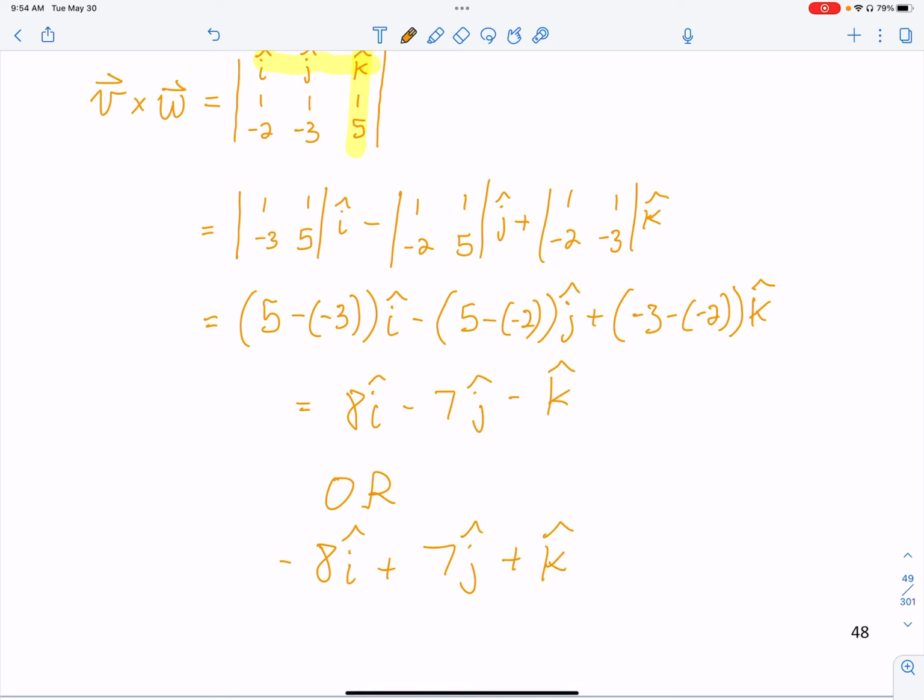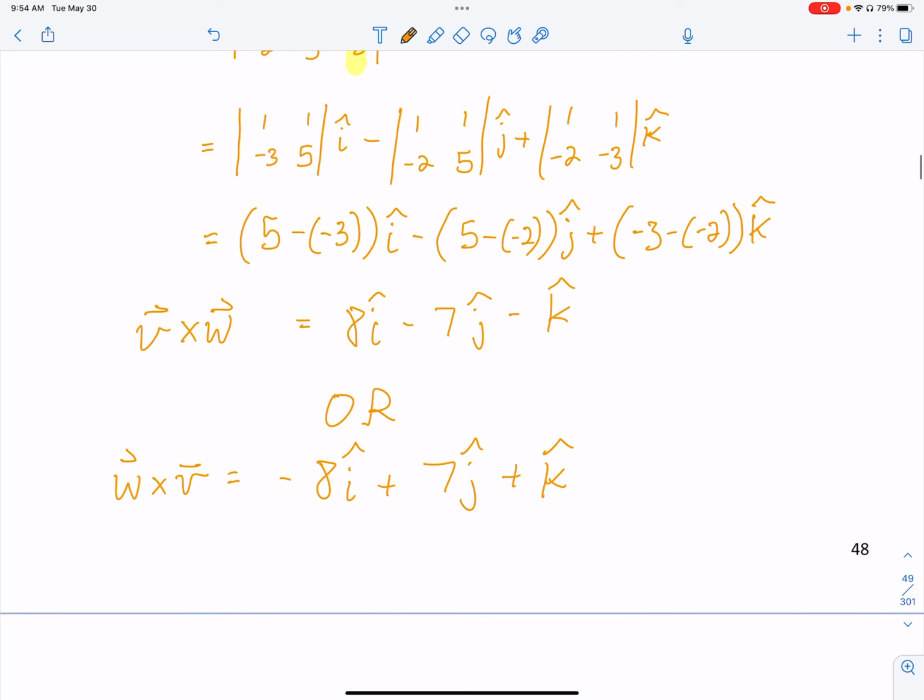Both are going to be orthogonal. So this is V cross W or W cross V. Either one is orthogonal. One just points in one direction and one points in the other direction. So that is how you find an orthogonal vector. It's just the cross product.